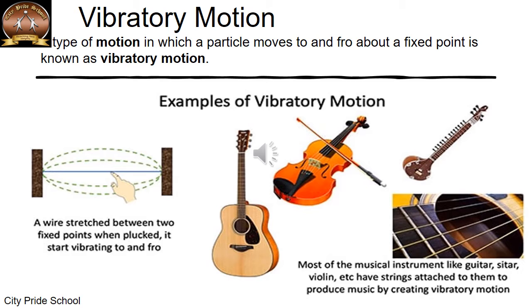When we pluck the wire, we are actually starting a vibration in the wire, or setting the wire to oscillate. But since the oscillation here is happening very fast, we term it as vibratory motion.